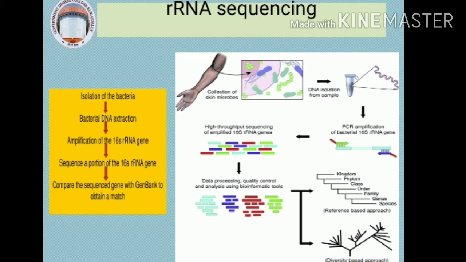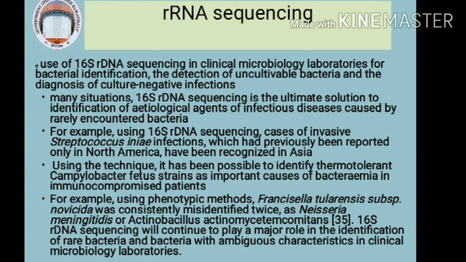Using phenotypic methods, Francisella tularensis subspecies novicida was consistently misidentified as Neisseria meningitidis or Actinobacillus actinomycetemcomitans.